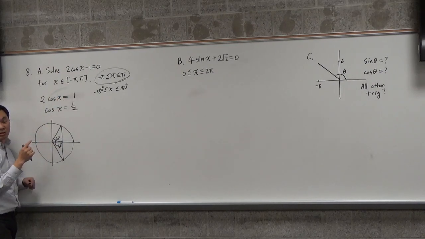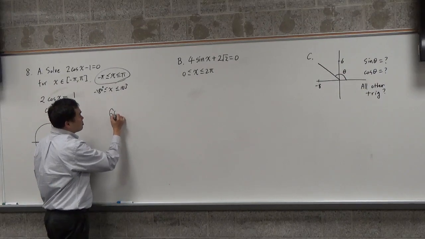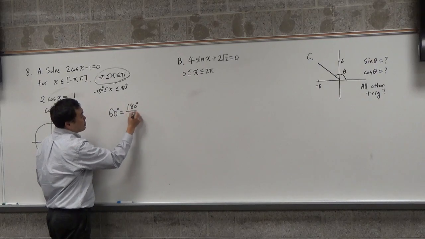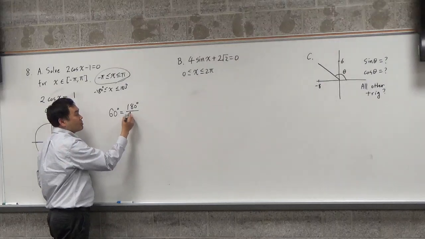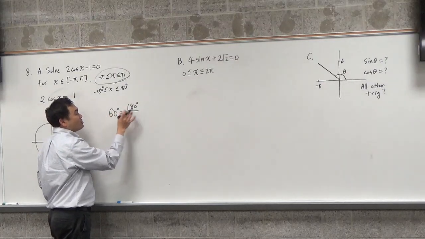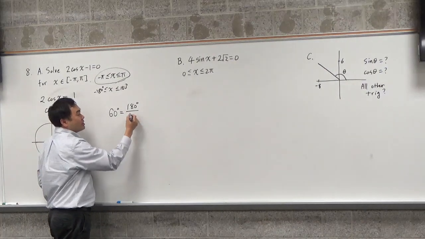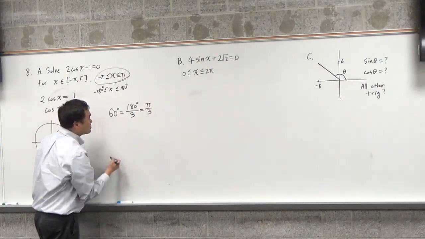given in terms of radians, you have to convert 60 degrees to radians. So what is 60 degrees in radians? This is 180 degrees divided by? No, I mean, 60 degrees is 180 divided by? 2. I mean 3. 3, yeah. So this is going to be pi over 3, right?